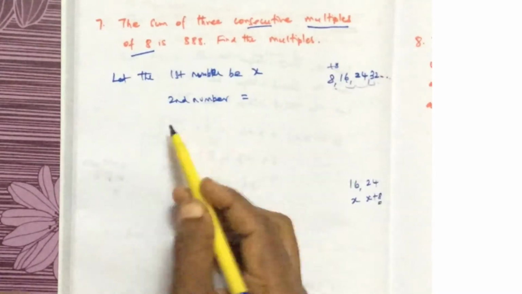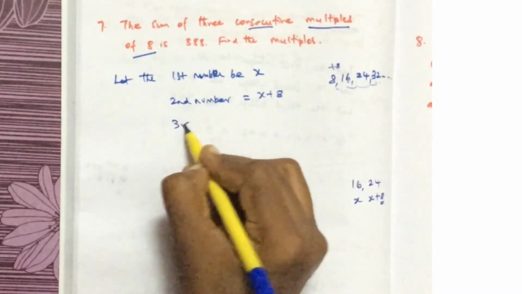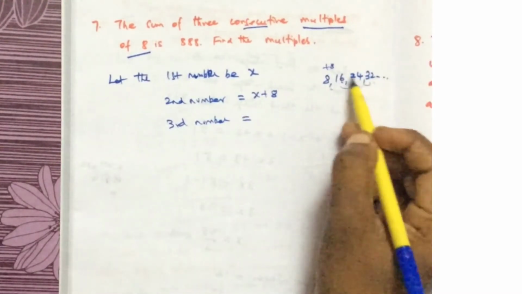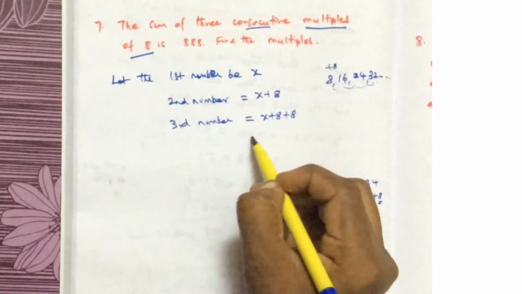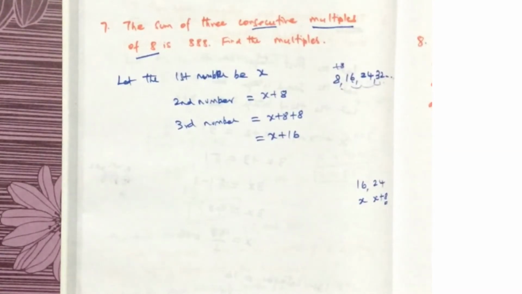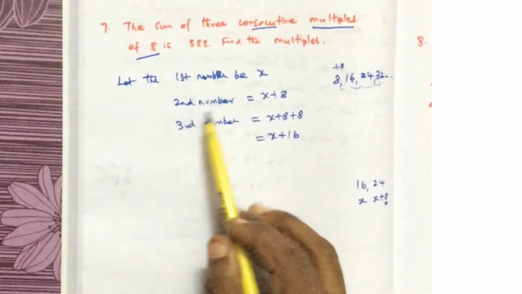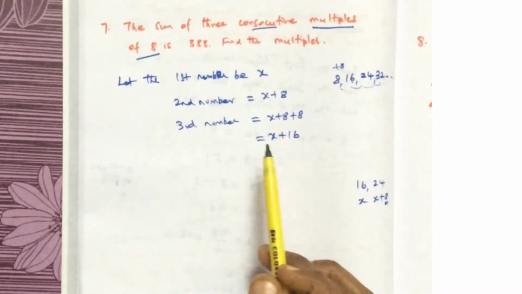So in that way the second number should be x plus 8. Then what is the third number? From the second number x plus 8 you have to add another 8, which gives x plus 16. Okay, if you have any confusion you check with the example problem. So the first number is x, the second number is x plus 8 and the third number is x plus 16.